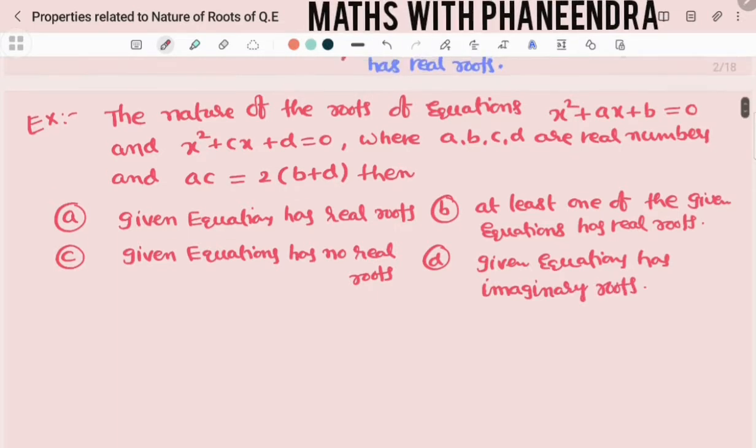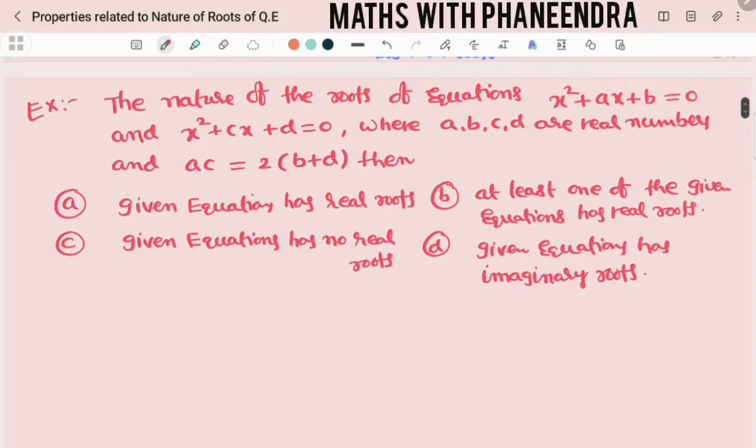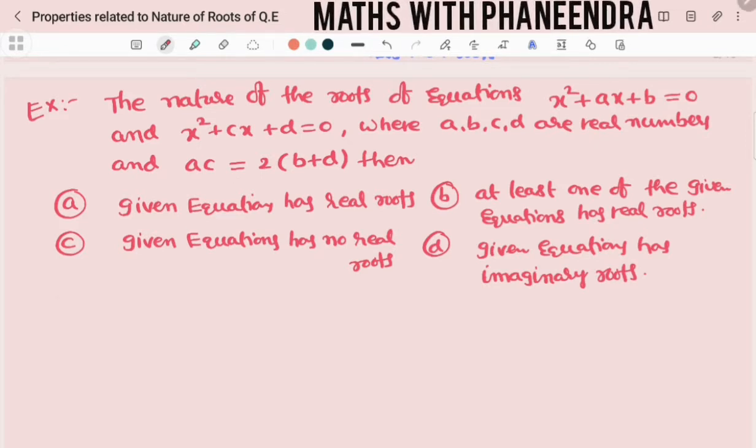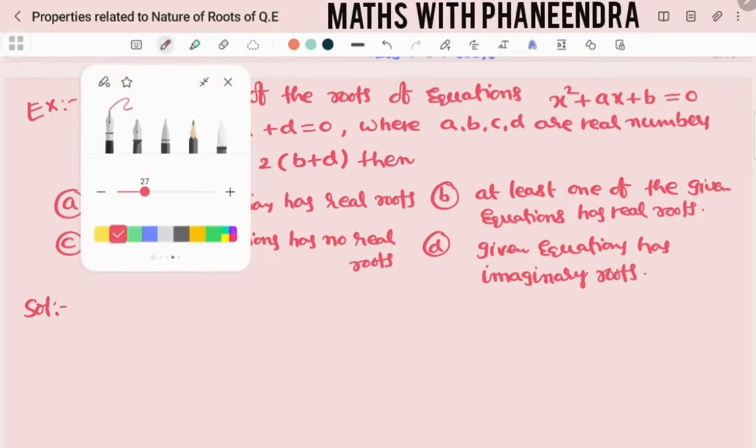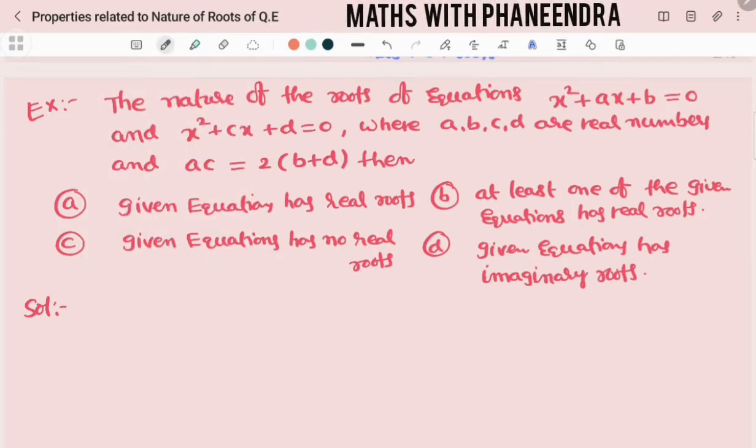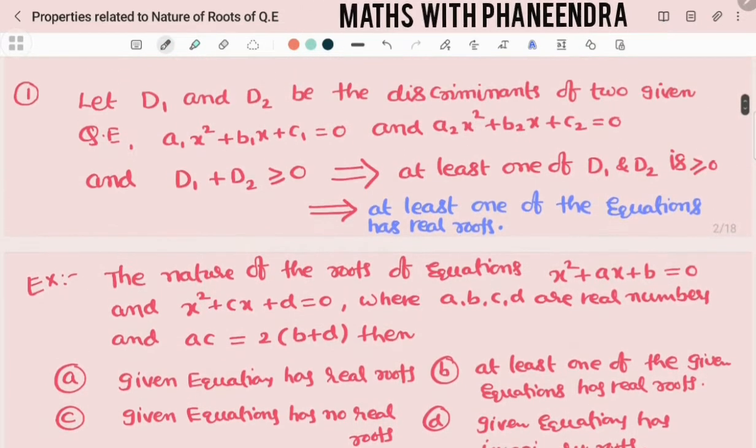See here, they are asking about the nature of the roots based on the condition. Like this, they will give the question based on the condition AC is equal to 2 times of b plus d. So, we will discuss the answer by taking the help of this property.